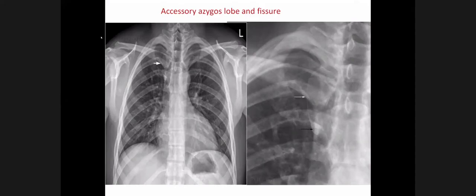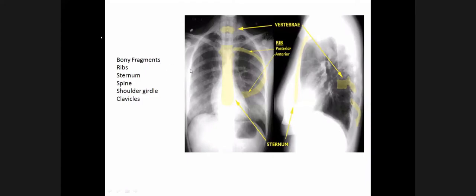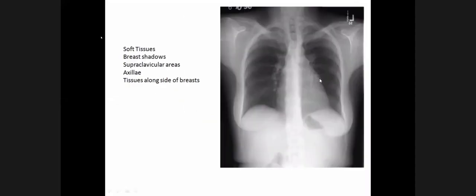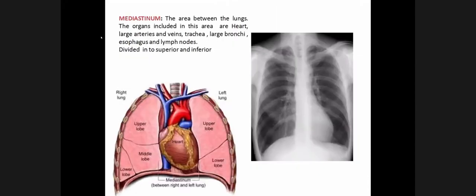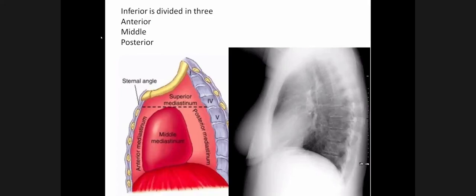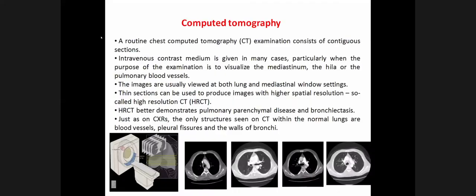Modality: X-ray or plain X-ray. Also, this is an X-ray of the chest, frontal view, and this is an X-ray of the chest, lateral view. Plain X-ray, frontal view; plain X-ray, lateral view.